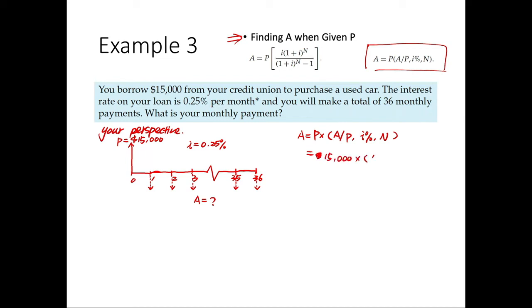That's given. Times A/P. What is I? I is 0.25%. N is 36. Okay. Now you need to find out the table in Appendix C and find out this factor.